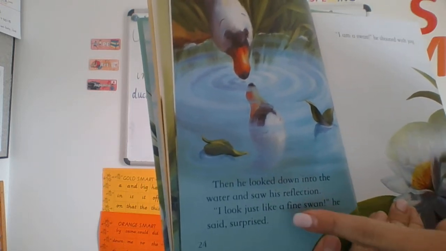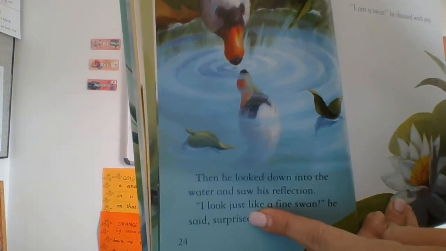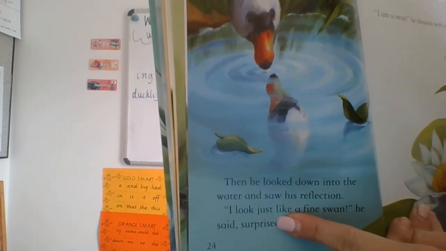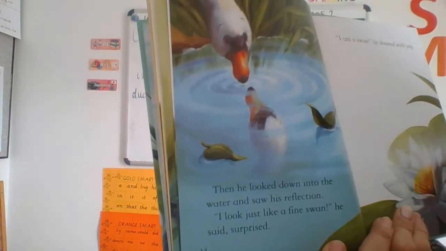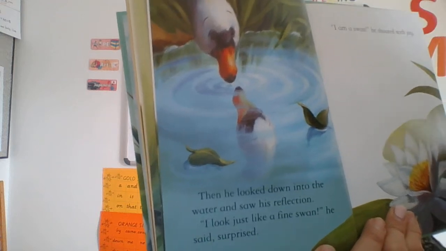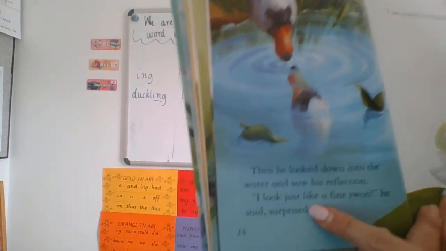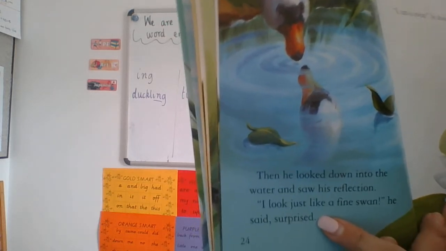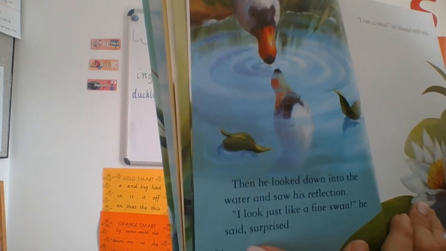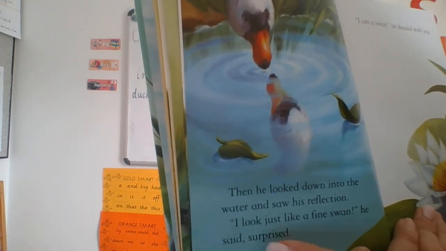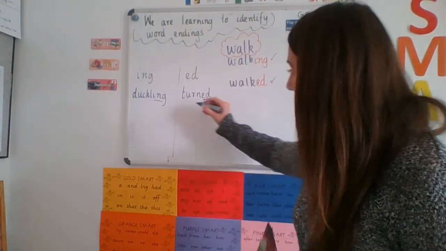Now, if I was to remove the D from this word, it would say surprise. Okay, but that wouldn't make sense. I look just like a fine swan, he said, surprise. That would not make sense. So the ED on this word at the end is extremely important. And that's why it's so important to pay attention to the word endings. Okay, surprised. I can now add that word to our ED word endings.